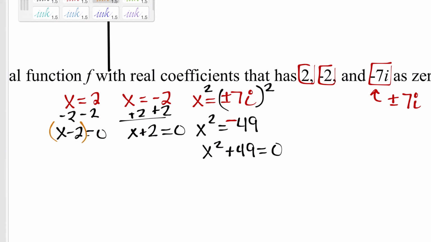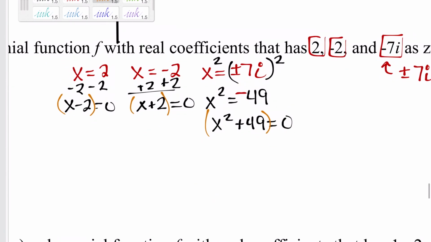And all of these things that are equal to 0 are my factors. And I know factors multiply together in order to get my polynomial. So I'm going to multiply all of these factors together in order to get my final polynomial.